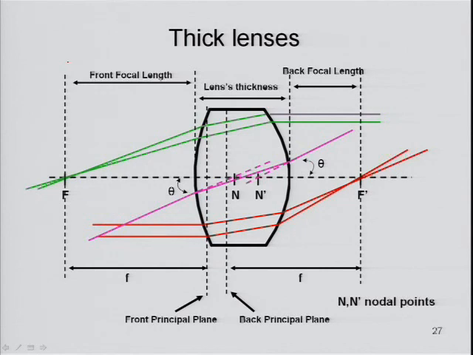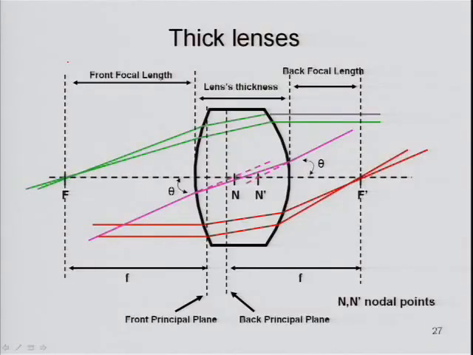And in the case where the medium on the left is the same as the medium on the right, the nodal point N is coincident with the front principal plane, and the second nodal point N prime is coincident with the back principal plane.